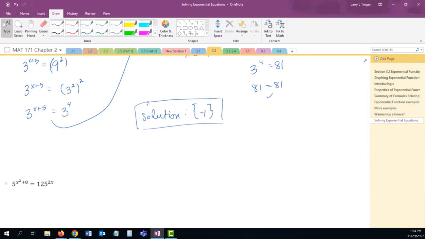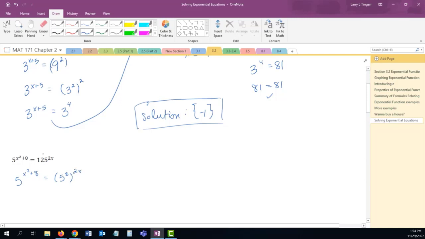Okay. It's rinse and repeat for these. Next, I've got bases. They seem to be related. How? I'm not sure yet. So I have 5 to the x squared plus 8. Can I rewrite 125 in terms of 5s? Yes, I can. 125 is 5 cubed.